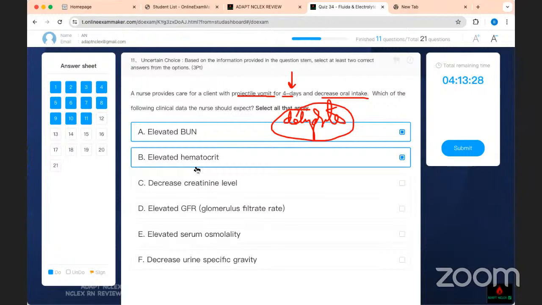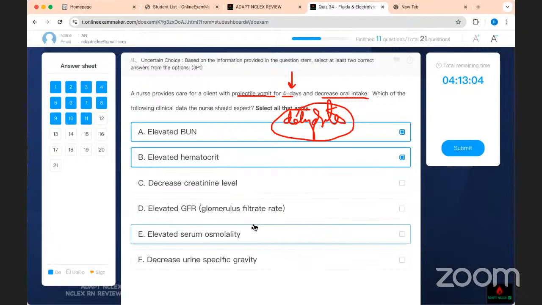Does your creatinine decrease when you become dehydrated? Your creatinine is supposed to go up. So it does not decrease.